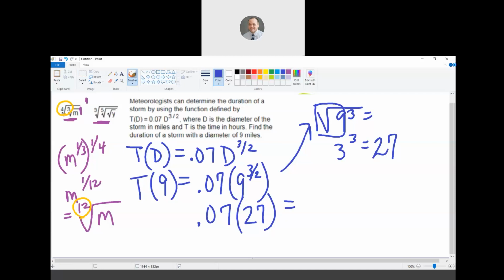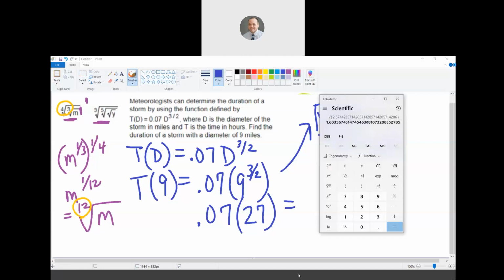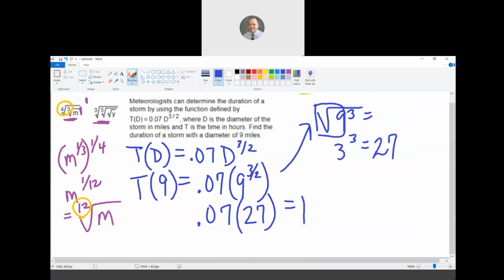Now let's take 27 and multiply it by 0.07. So the storm will last just shy of 2 hours, exactly 1.89 hours.